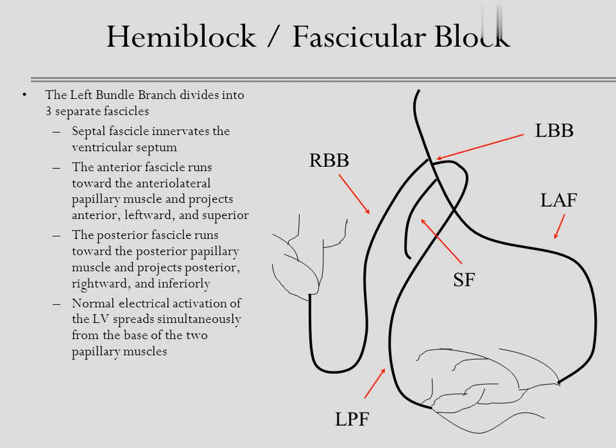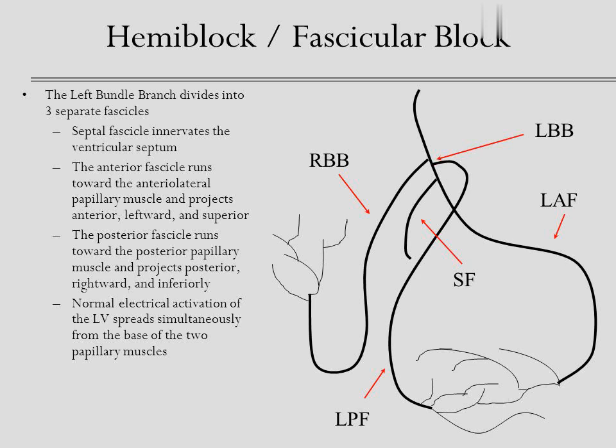Hemiblock, fascicular block. The left bundle branch divides into three separate fascicles. The septal fascicle innervates the ventricular septum. The anterior fascicle runs toward the anterolateral papillary muscle and projects anterior, leftward, and superior.